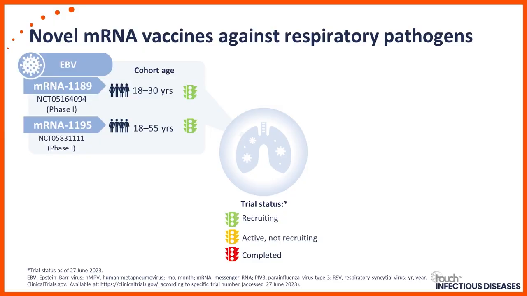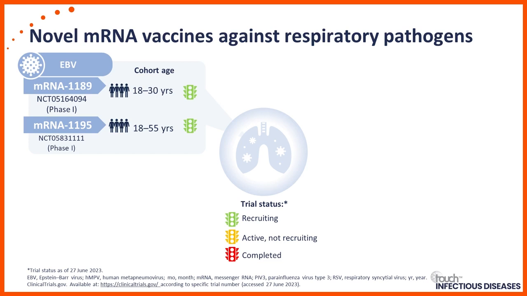So we learned a lot with the mRNA vaccines with COVID, and so now there's a fair amount of enthusiasm to use this technology against other viruses and, in particular, respiratory pathogens. One of the programs to use this technology is against Epstein-Barr virus, and that is the cause of mononucleosis and could cause a fair amount of illness.